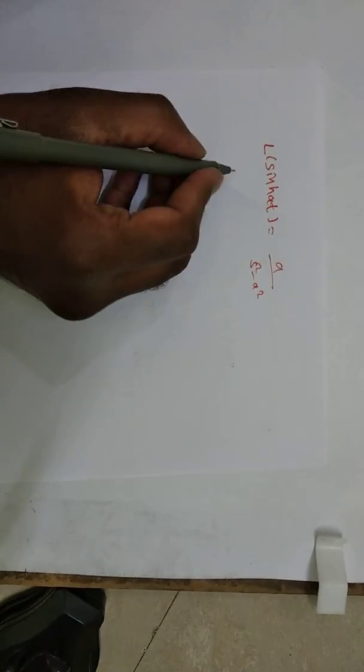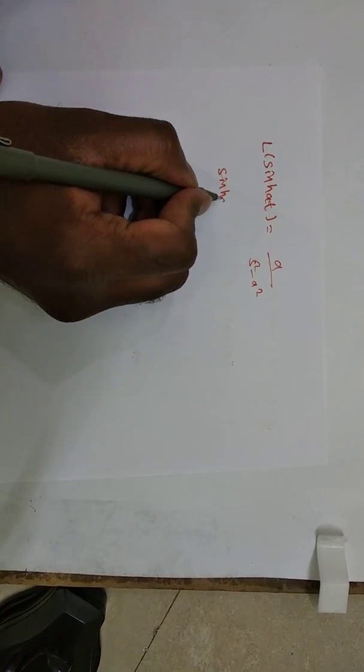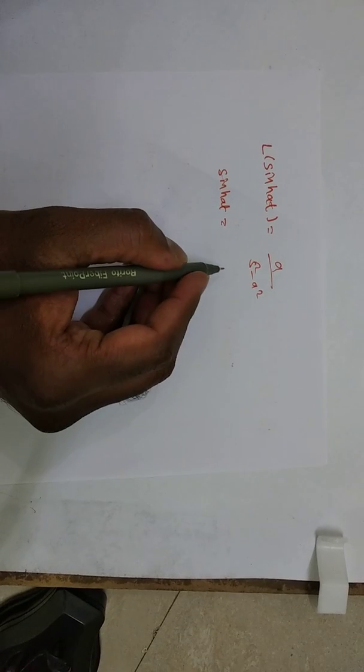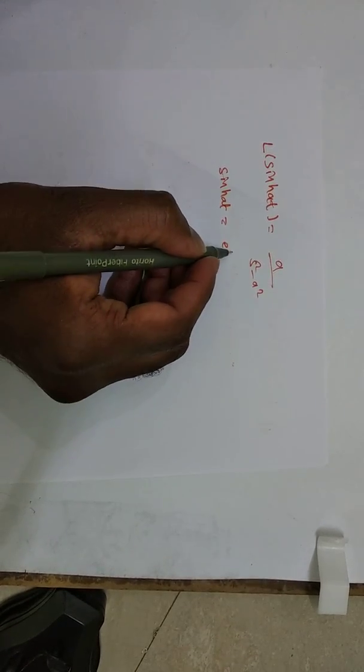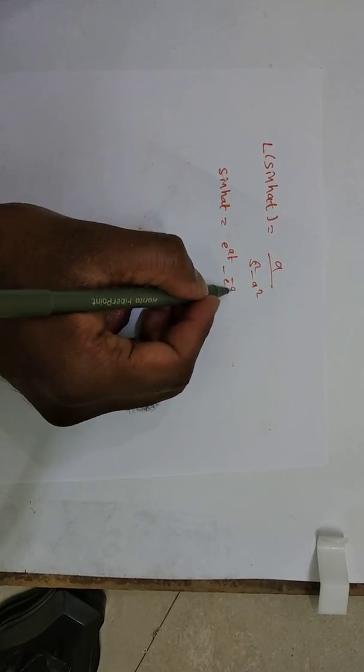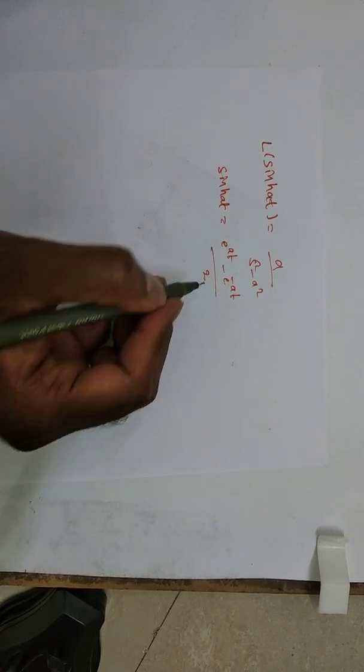First, we know the formula: sinh(at) is equal to (e power at minus e power minus at) by 2.